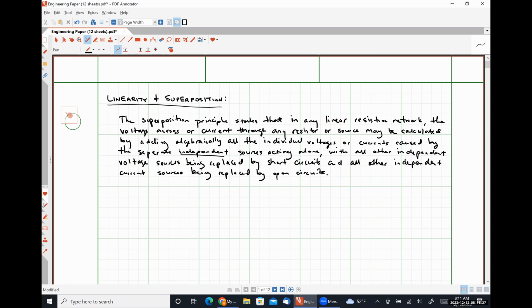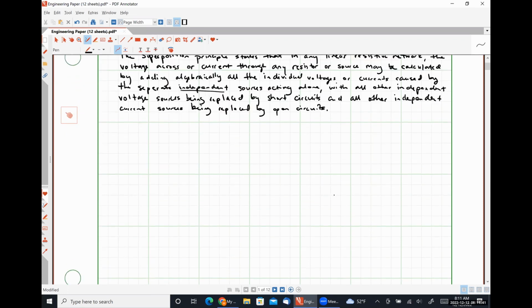All right, so this is a whole hell of a lot of text. What I would like for us to do is to work an example and apply this superposition principle.